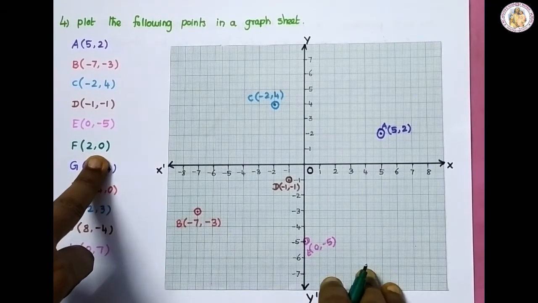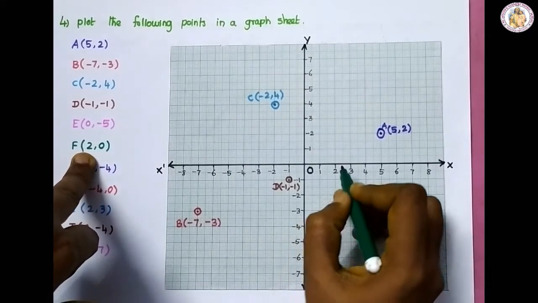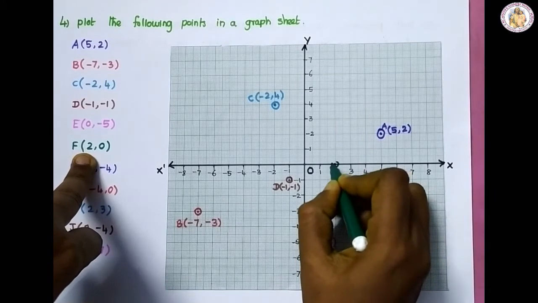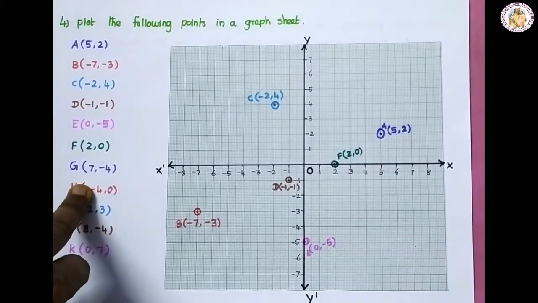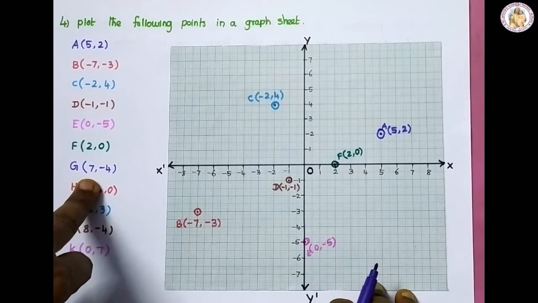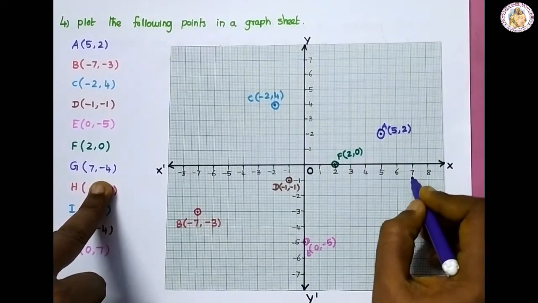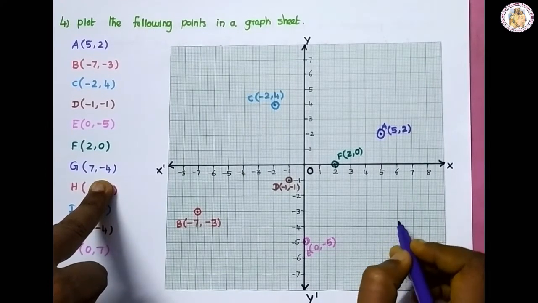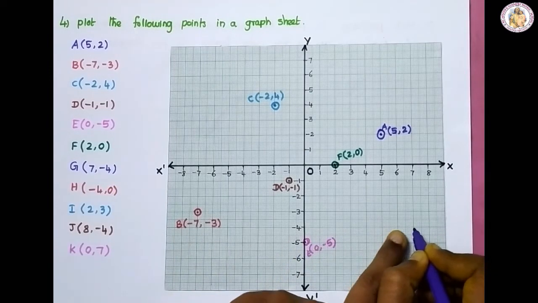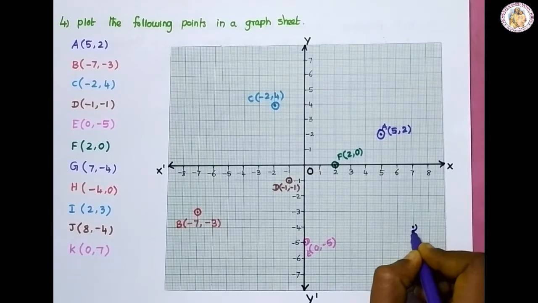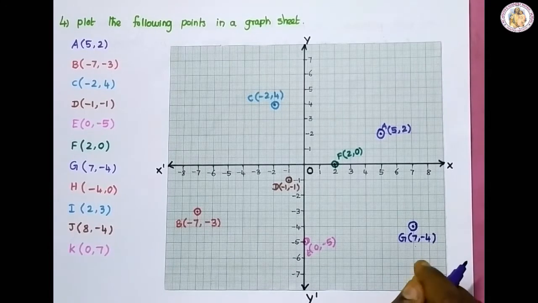Here y-axis is 0, so that lies on the x-axis, plus 2, so that is here, F, 2 comma 0. And then G, 7 comma minus 4, plus 7 minus 4, it is in the fourth quadrant. So meeting this point, that is G, 7 comma minus 4.